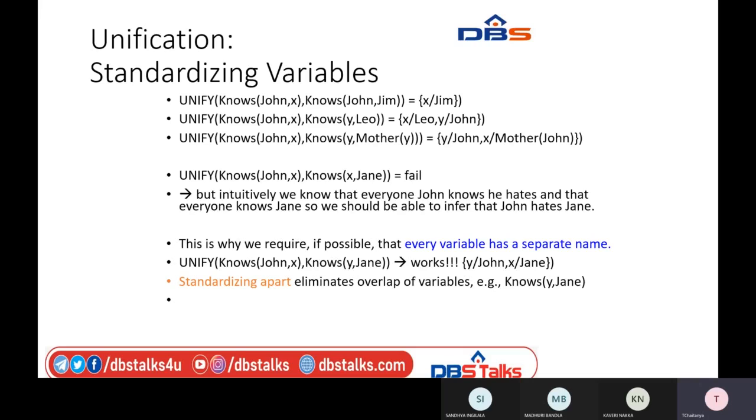And unify knows(John, X) with knows(X, Jane). This one is the fail condition, because if I replace X by John, we know that the unification sentence is not matching for these two clauses. That is why it is a failure.